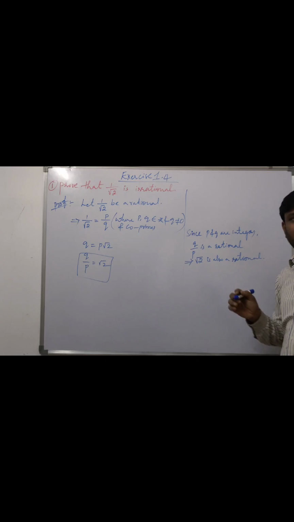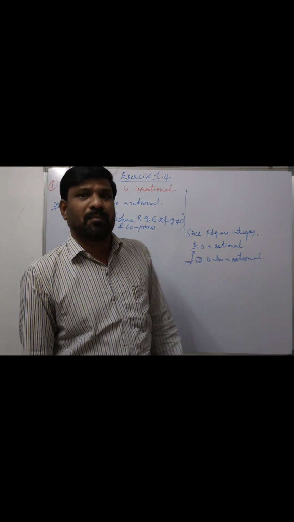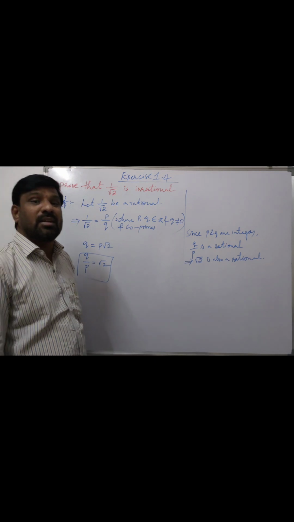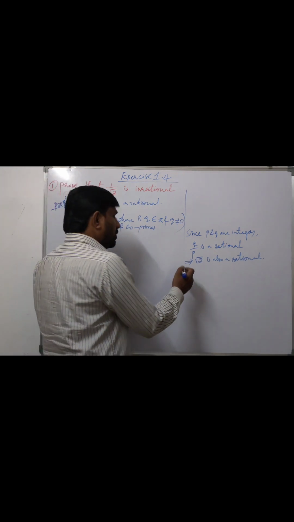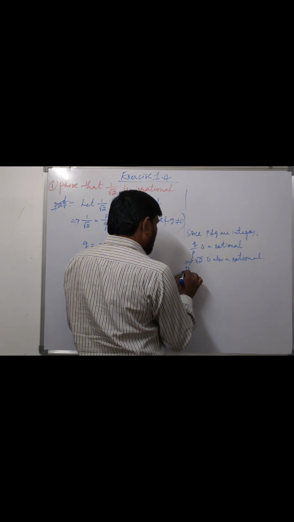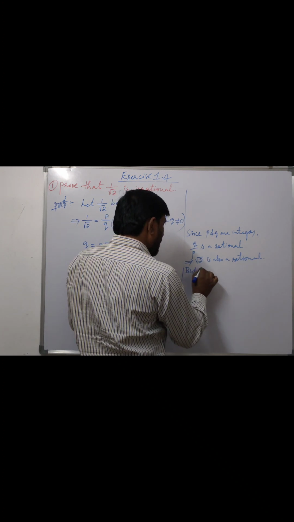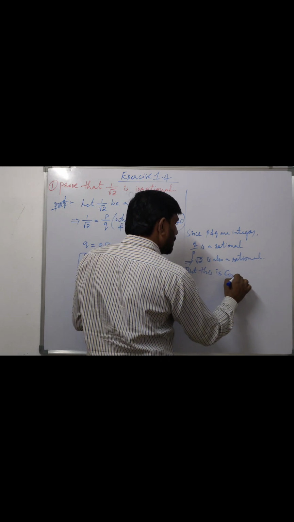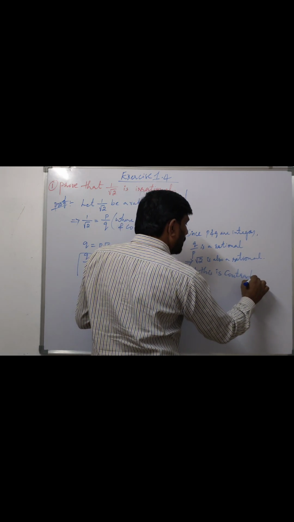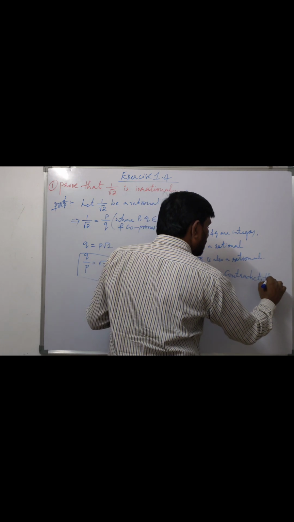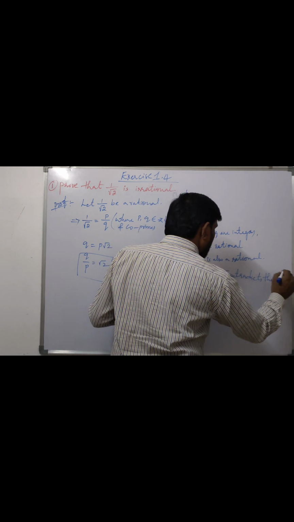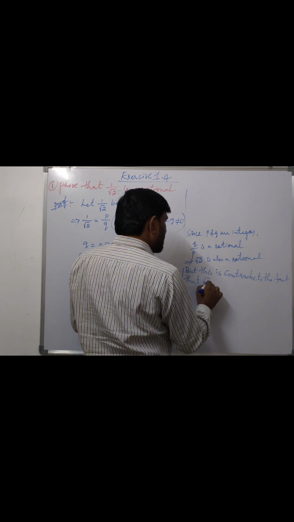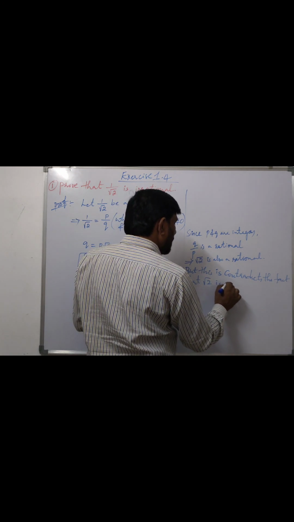But is it correct? Is root 2 rational? No. It's an irrational number. Why? Because the square root of non-perfect squares is irrational. So this contradicts the fact that root 2 is irrational.